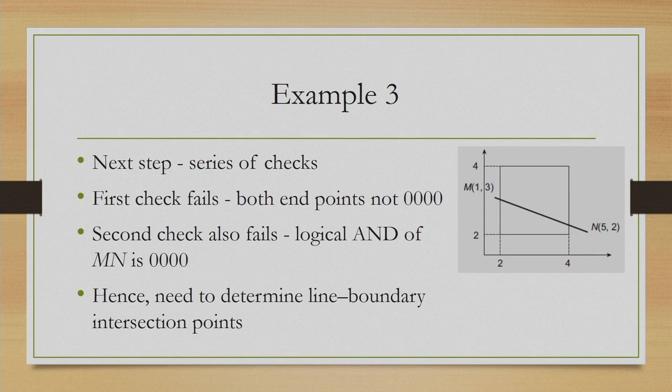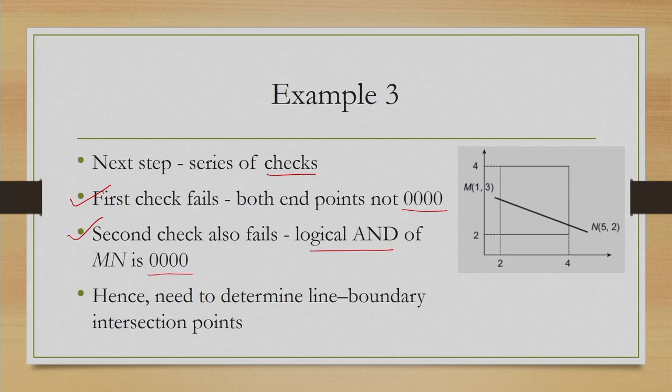Then in next step we go for the series of checks. Here also first check fails, both endpoints are not equal to 0000. Second check also fails, logical AND results in 0000. So, it is not 0000. So, second check fails.